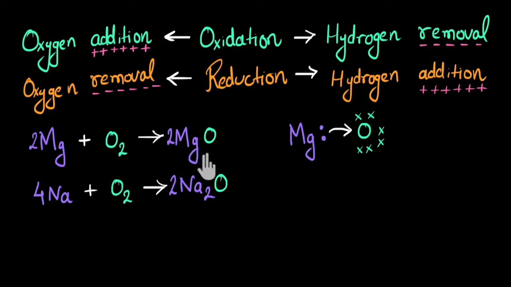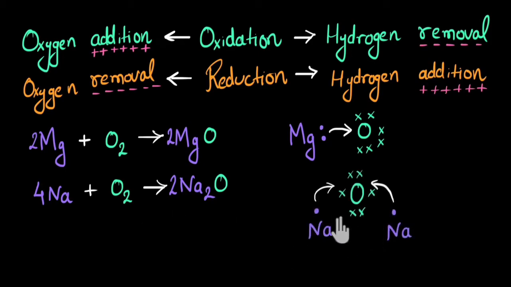When magnesium was combining with oxygen, it had to lose its electrons to oxygen. Similarly, in the case of sodium oxide, when sodium was getting added to oxygen, both the sodium atoms were losing one electron to oxygen. Similarly, we saw in all the oxidation reactions that the elements were losing electrons to oxygen, either fully or partially, but they were losing electrons.